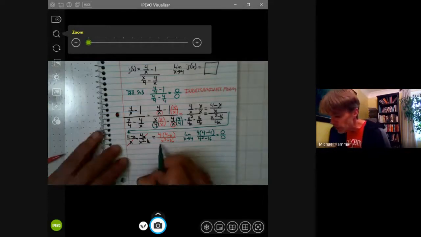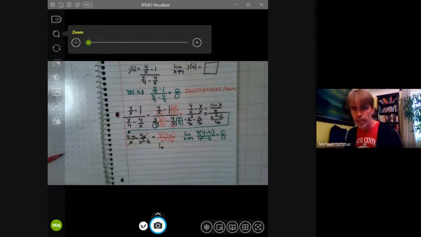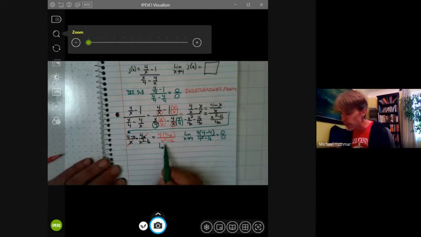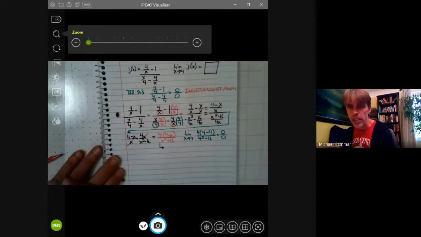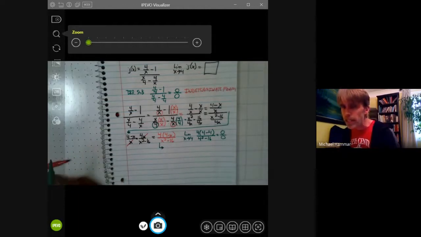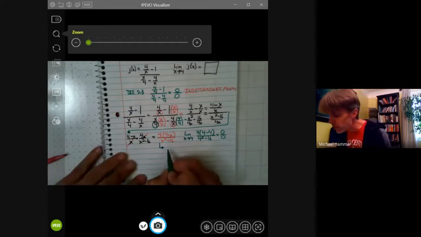So here's what we're going to do. Let's take a look at this part right here, and let's try to simplify it some more. I can see that down here in the bottom, it's x squared minus 16. I know in my head that that's factorable because that's the difference of perfect squares. So I have 4 times 4 minus x.